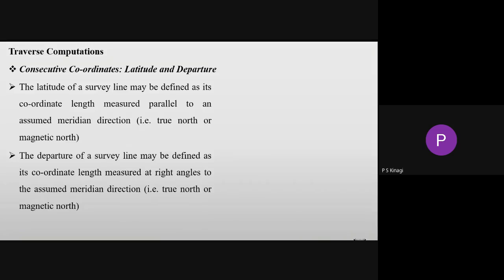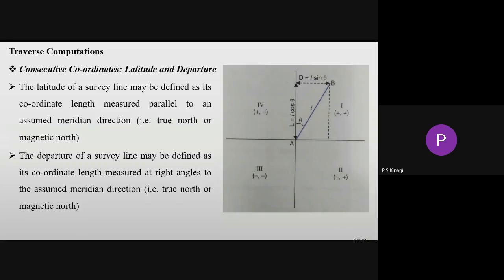Okay, so I will show here one of the figures with respect to that. This one is our compass, and this one is our true north. If a coordinate length is measured along the given meridian, parallel to the north and south line, this length is called the latitude.